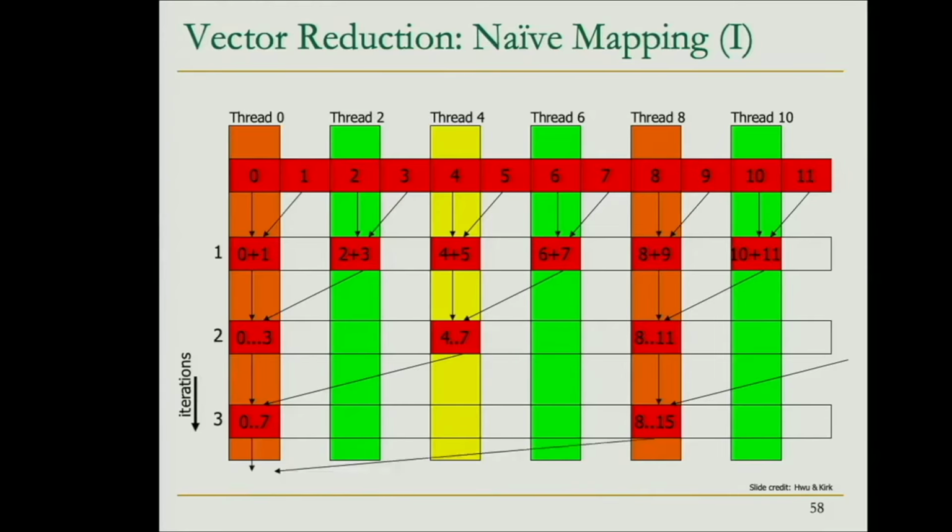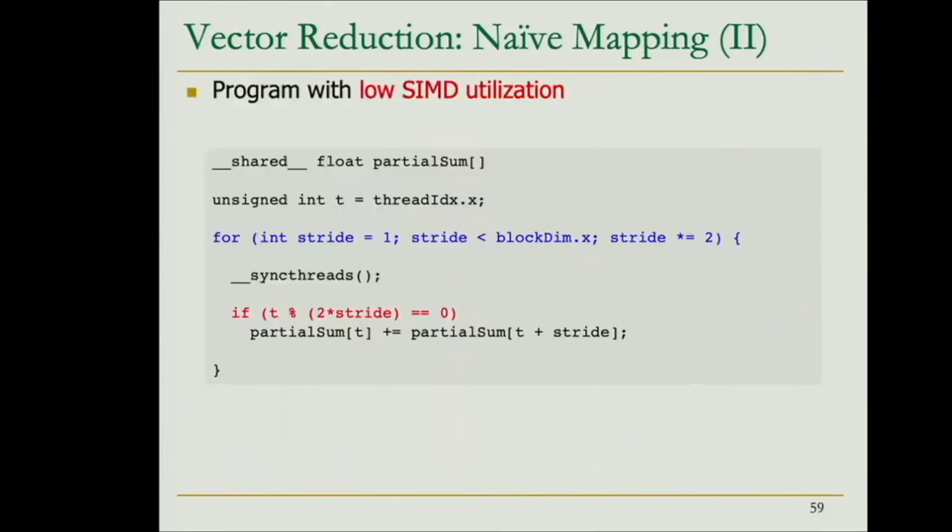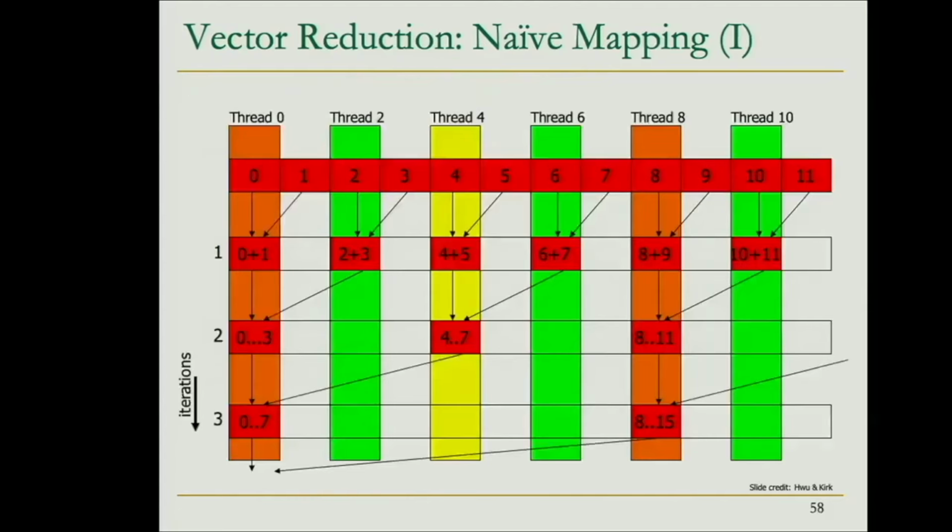And this is the naive mapping. Observe that this is a really simple program, right? Here I have a variable T that represents the thread index, and over the iterations, I start increasing the stride. For thread 0, the stride between the 2 elements that it needs to add is only 1. In the next iteration, the stride is 2. In the next iteration, the stride is 4.